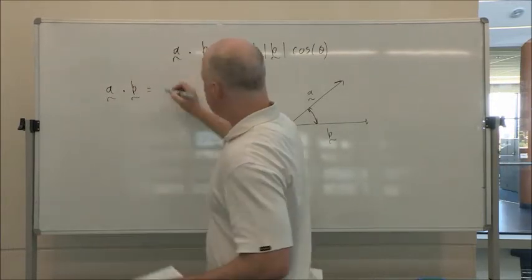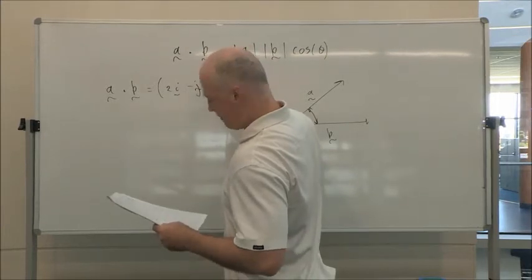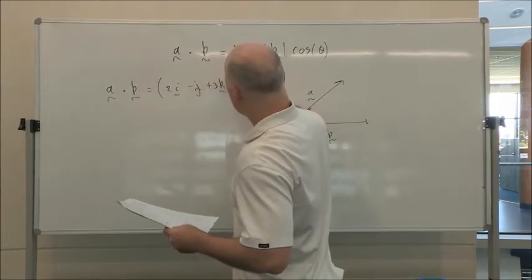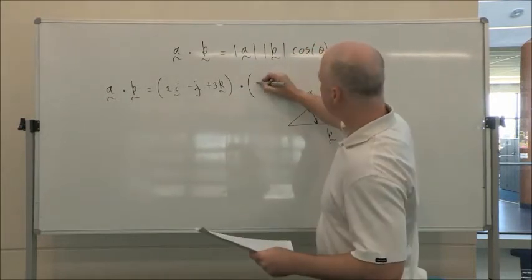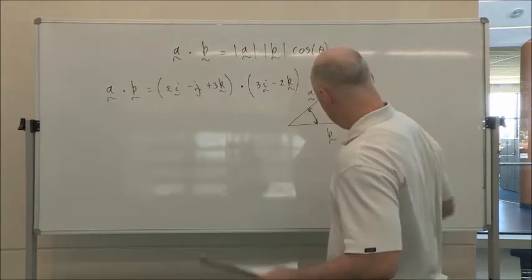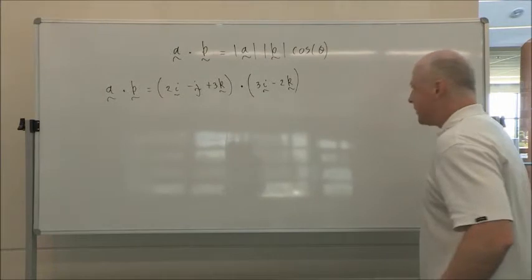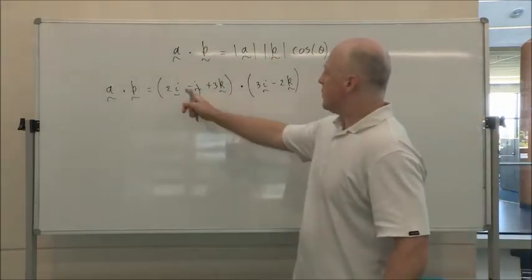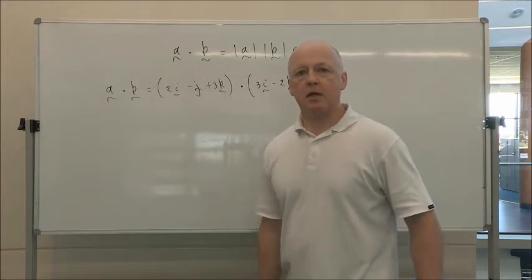Vector A, they told us, is 2i minus j plus 3k, and we're dotting that with the vector 3i minus 2k. Let's have a little side note for a moment. We're going to expand all of this out, just like back in kindergarten.